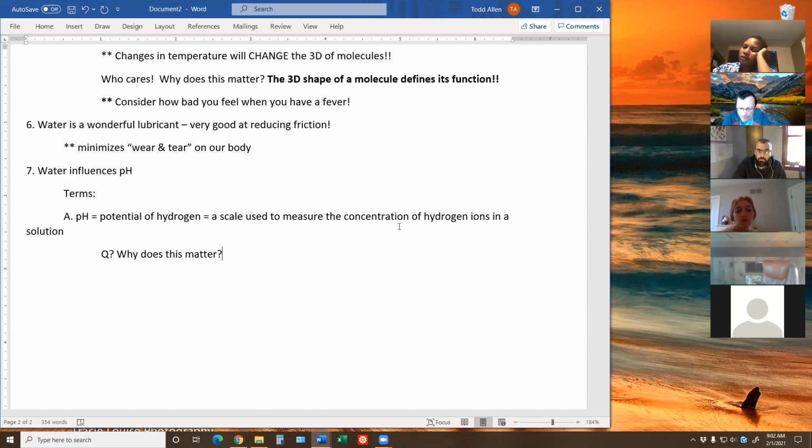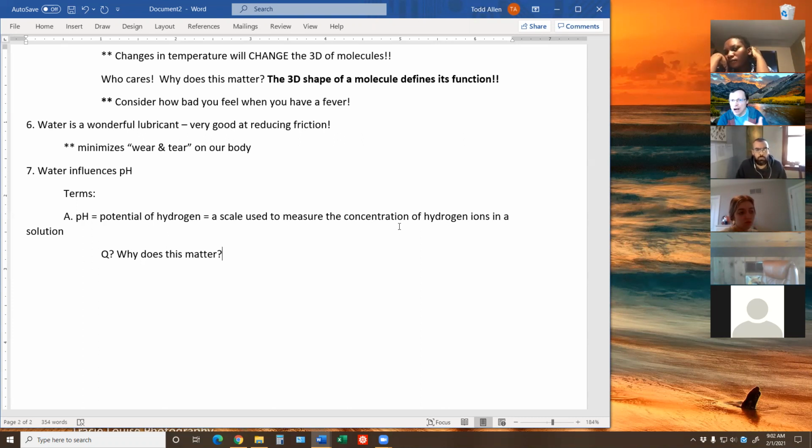Okay, cells move hydrogen ions around so that your cells will use hydrogen ions as sort of a chemical dollar bill. And what I mean by that is hydrogen ions can be attached to molecules, or hydrogen atoms can be pulled off from molecules and turned into hydrogen ions.